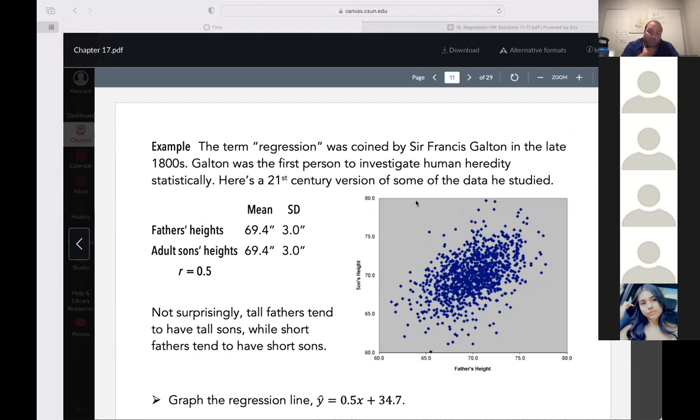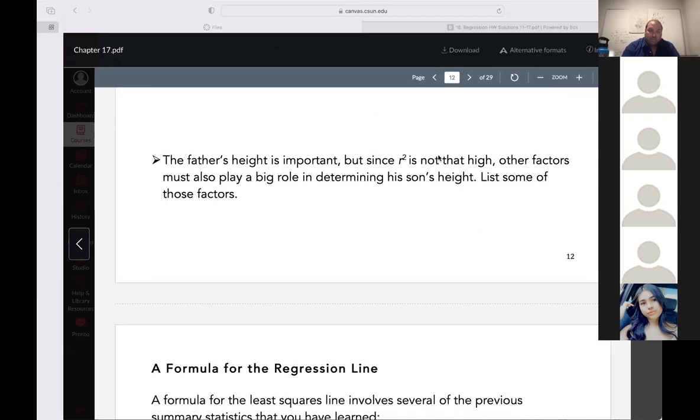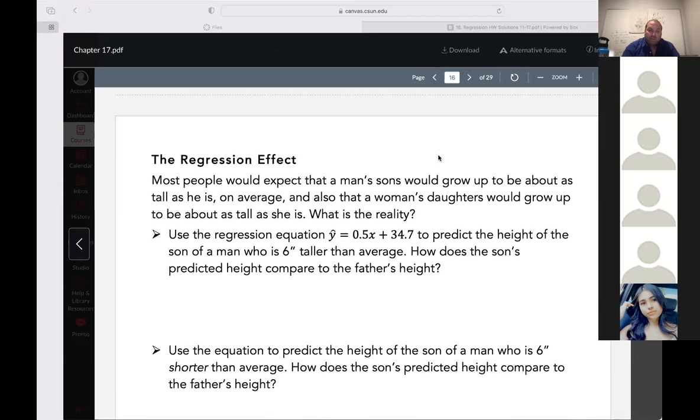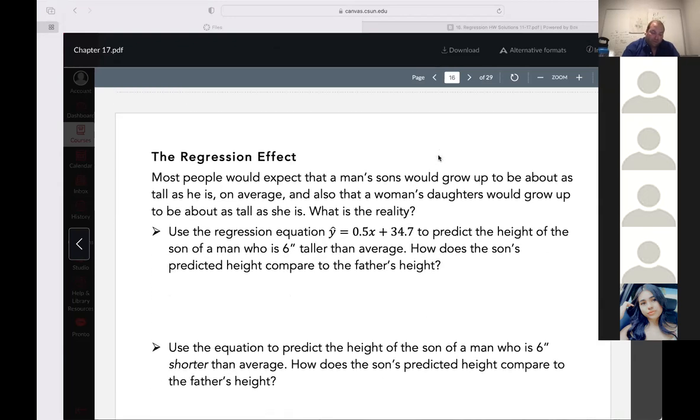What is average for men? 69.4. So if they're 6 inches taller than average, then how tall are they? 75.4.